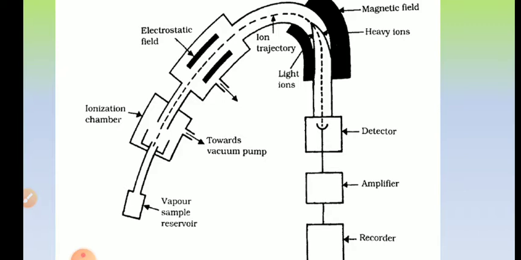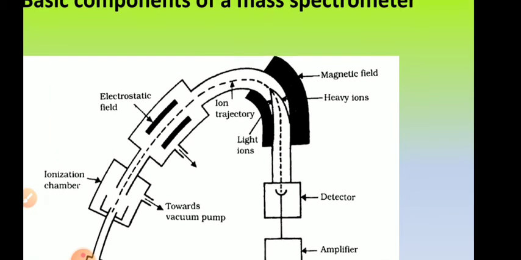First you have a sample which is vaporized. Then there is an ionization chamber where the sample is bombarded with electrons and converted into positively charged ions, which are then exposed to a negatively charged electrostatic field that accelerates the ions in vacuum. Then the accelerated ions come across a magnetic field and get deflected, the angle depending upon their mass if their charge is constant.